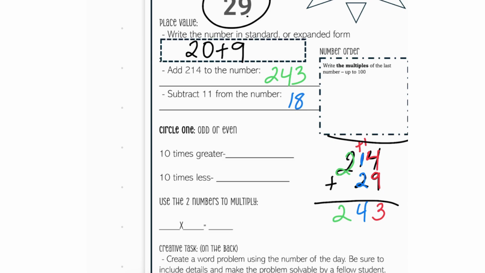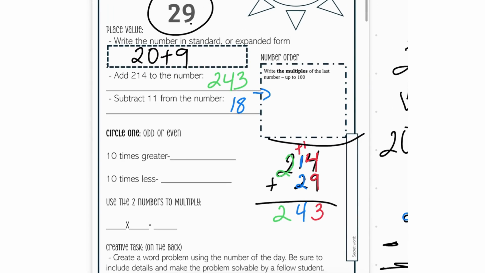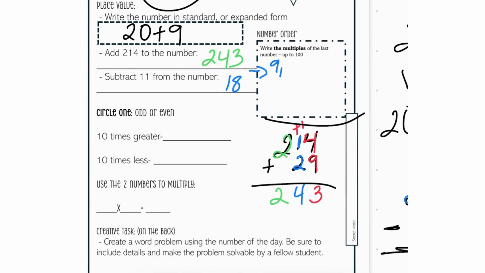If we were to come on over here, check your work on the multiples. Multiples of 9 are just like multiplication tables. So 9 times 1 is 9. 9 times 2, 18. 9 times 3, 27. 9 times 4, 36. 9 times 5, 45. 9 times 6, 56. 9 times 7, 63. 9 times 8, 72. 9 times 9, 81. 9 times 10, 90.